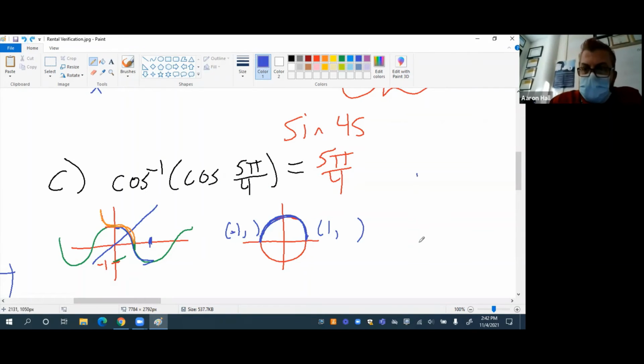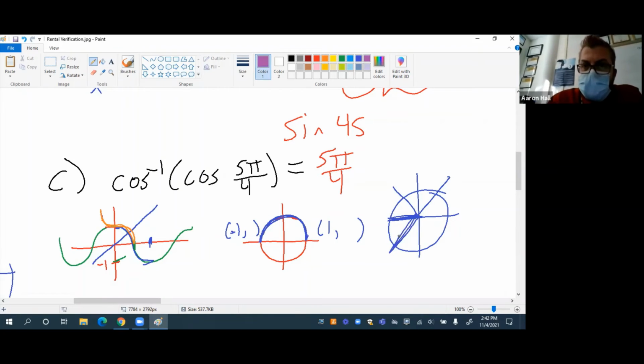So if I do my unit circle here, we're going to divide this up into 1, 2, 3, 4, and then 5. So we're going to traverse through 1 pi fourths, 2 pi fourths, 3 pi fourths, 4 pi fourths, 5 pi fourths. Now that's outside.